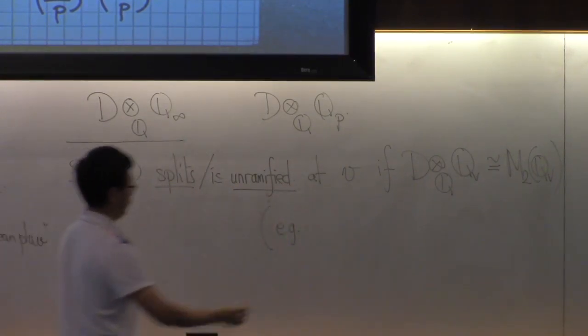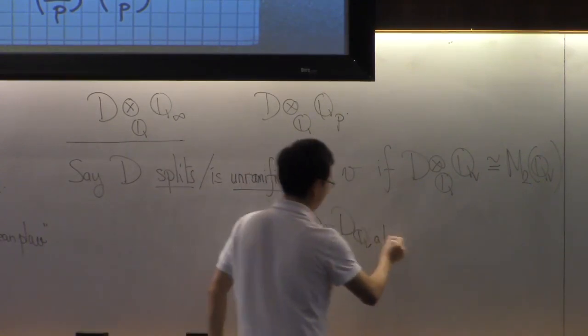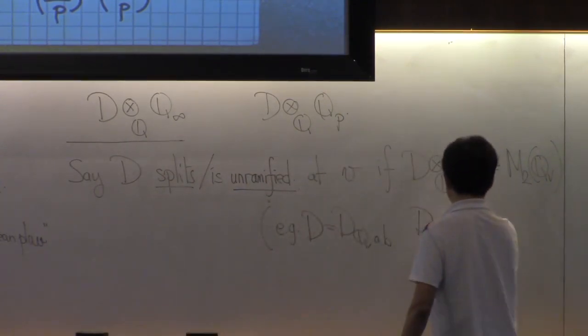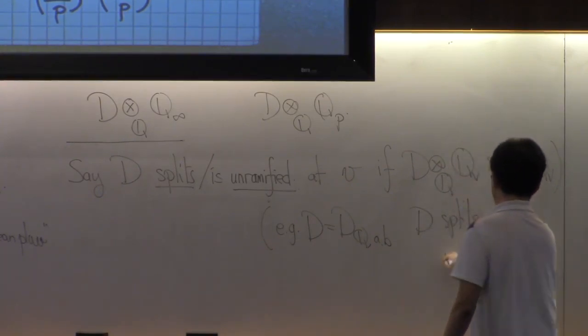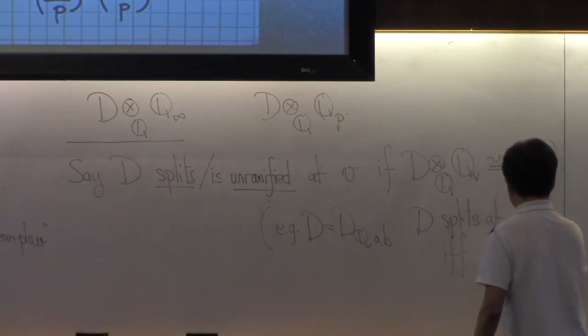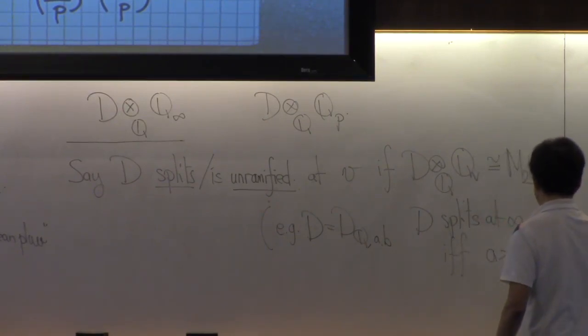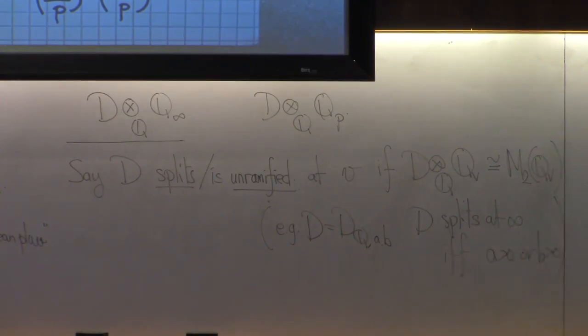For example, if D equals (a, b)_Q, then D splits at infinity if and only if a or b is positive. Right? Because when a or b is positive, this is a matrix.